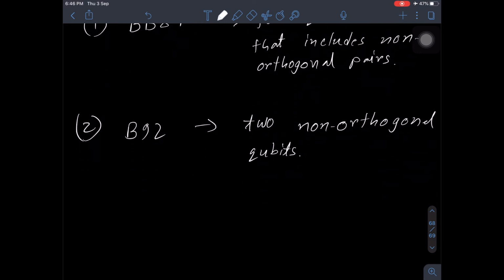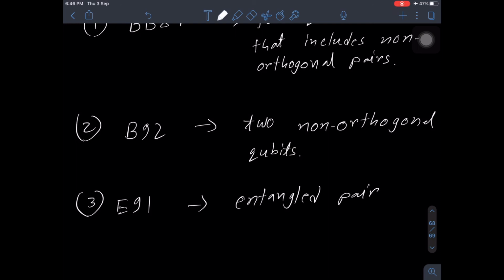And then 3 is E91, which uses an entangled pair. So we won't have time to discuss all of this.